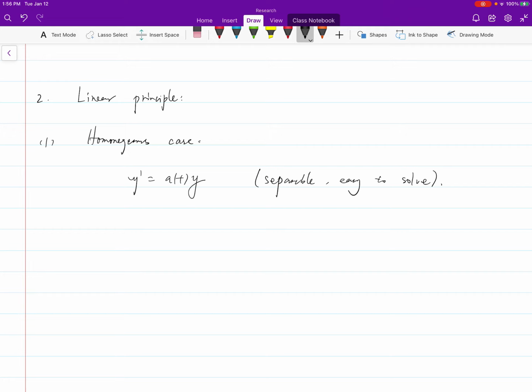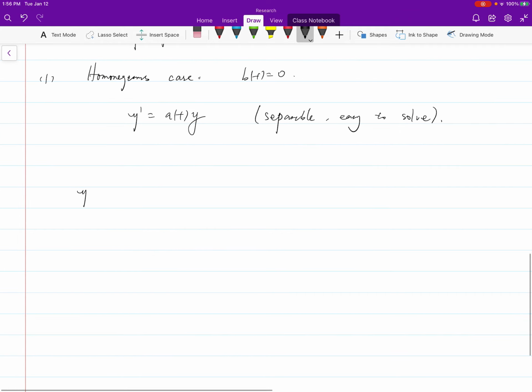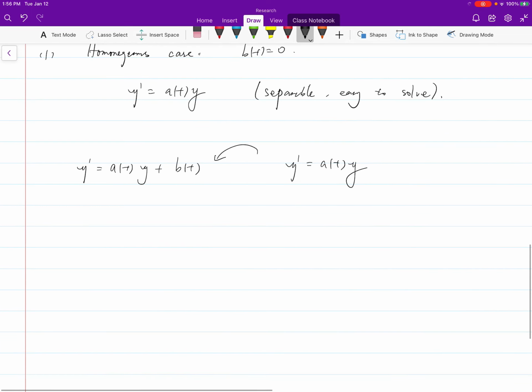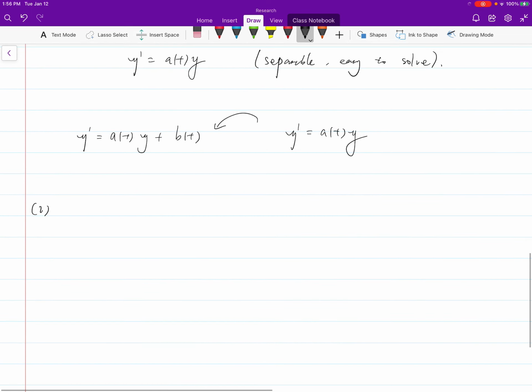So what you did is simply you just assign b(t) equals 0. So if you compare, this is a non-homogeneous case, and this is a homogeneous case, corresponding to this original ODE. That's called homogeneous. Okay. Now, what do you mean by linear principle? This is what we have.